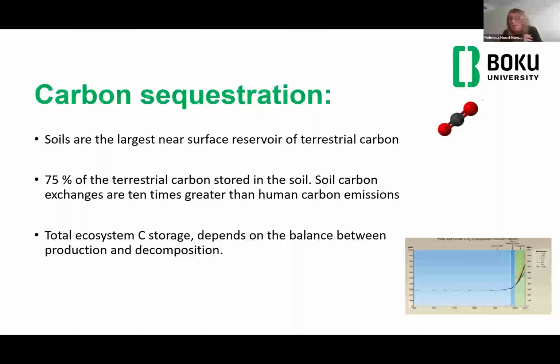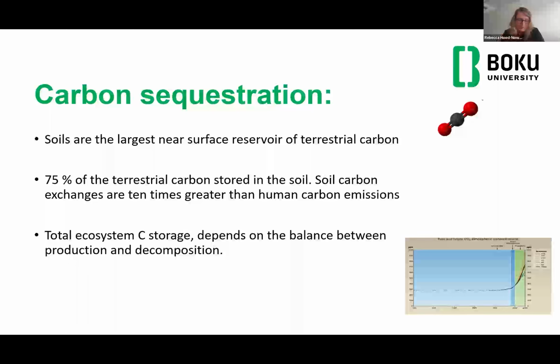However, we have a big influence on it because we are emitting more CO2, with vehicles and the burning of fossil fuels, and that's pushing the global temperature up. But that's also pushing the rate of decomposition, the rate of breakdown of carbon from the soil. And so more and more CO2 is released from soils every year because they're just that bit warmer. So that's one of the problems.